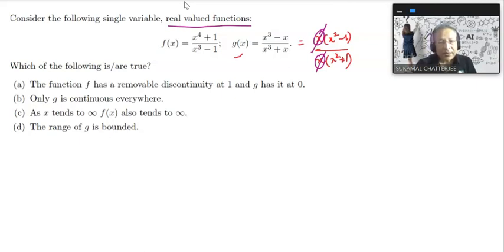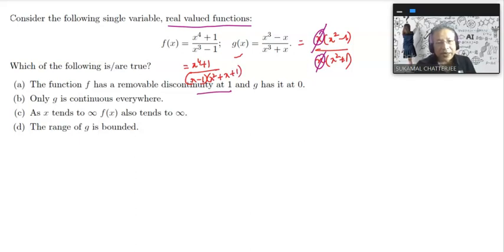Now let us look at the statements. The function f has a removable discontinuity at 1. Now f(x) has a discontinuity at x equal to 1 because there is x cube minus 1 in the denominator, which means f(x) can be written as (x to the power 4 plus 1) by (x minus 1) into (x square plus x plus 1).